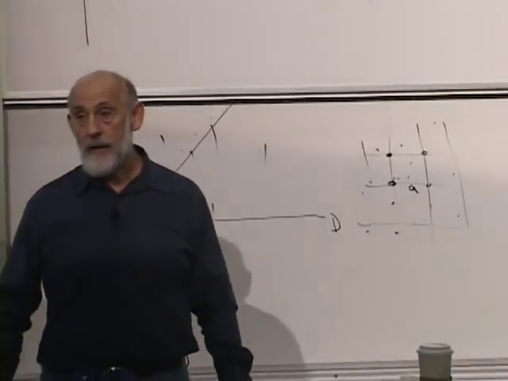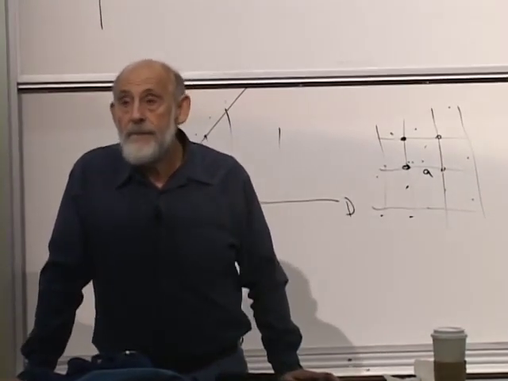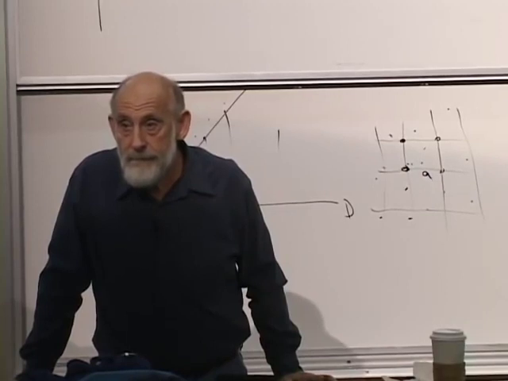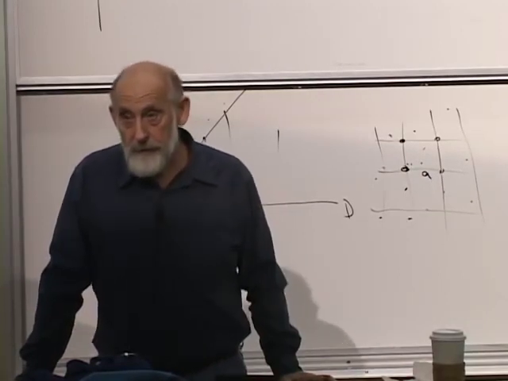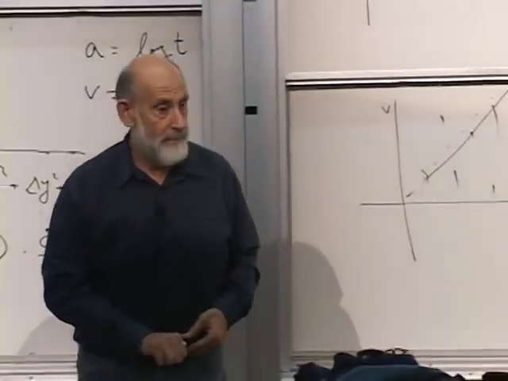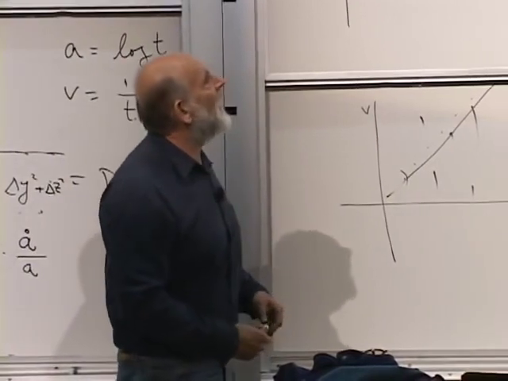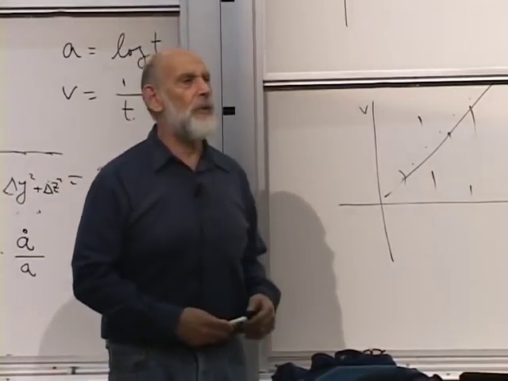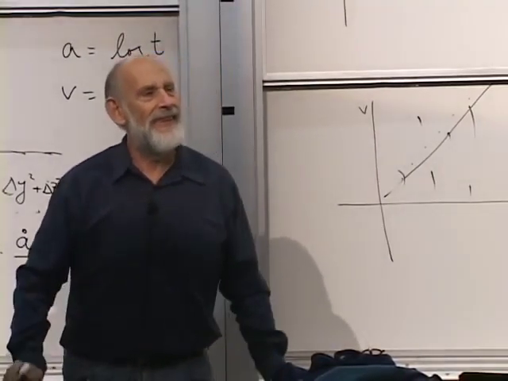Between two galaxies, the distance in light years would be a times delta x, as opposed to delta x. That's right.